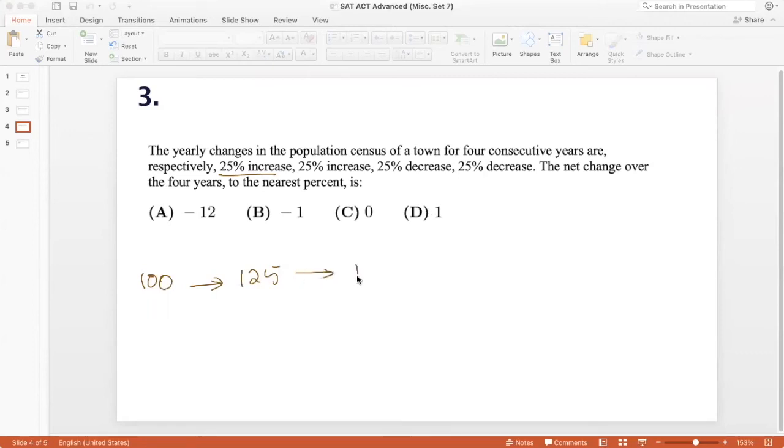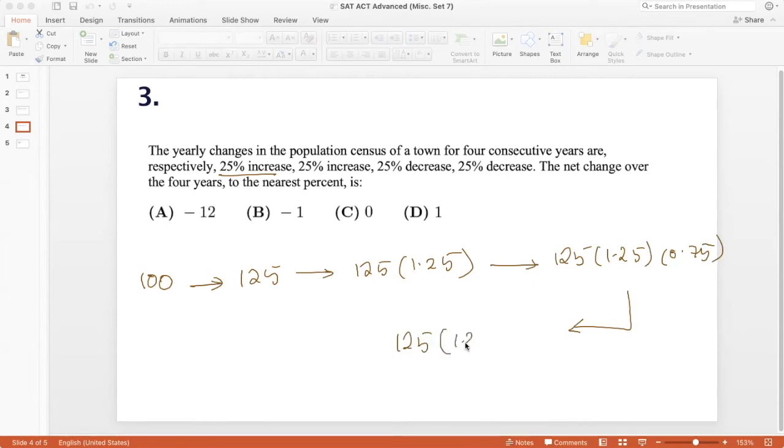After another 25% increase, it becomes 125 into 1.25. After a 25% decrease, it becomes 125 into 1.25 into 0.75. And after the final 25% decrease, it becomes 125 into 1.25 into 0.75 and another 0.75, so 0.75 squared.